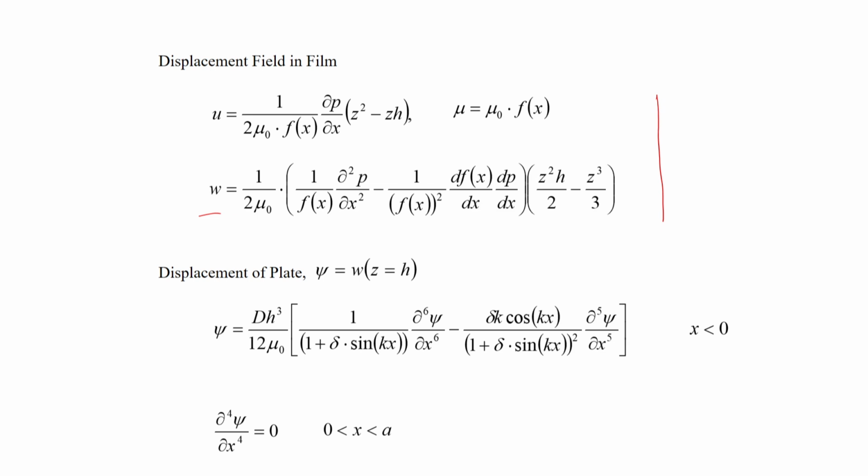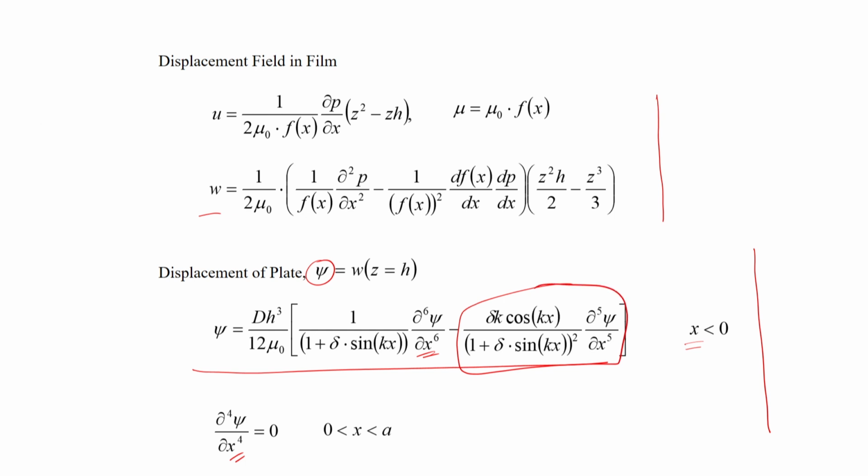All these things we have done earlier, and in a very similar way we can do it here, and then use the boundary conditions that we used earlier, and we can get this equation. This equation remains valid for x less than 0, and here this quantity zeta is given by this equation. When you solve this, we get something like this equation. Now, this is a 6th order equation, whereas the earlier one is a 4th order equation, and this particular additional term comes because of the modulus variation.